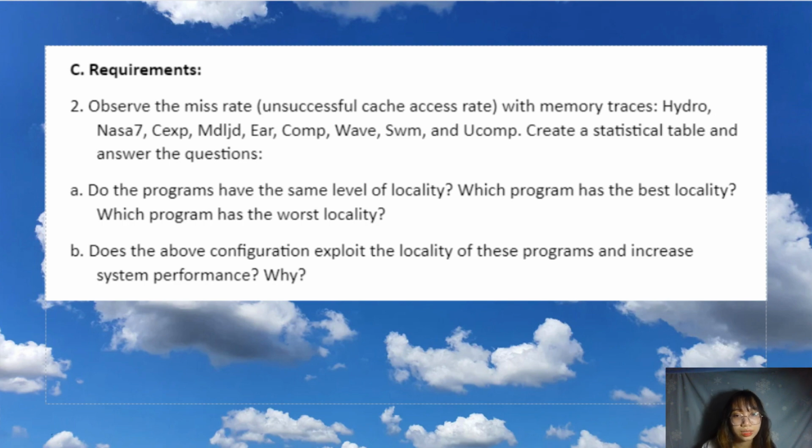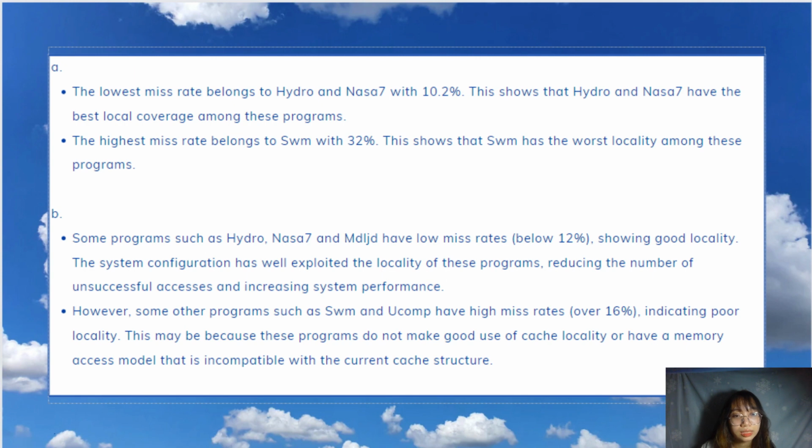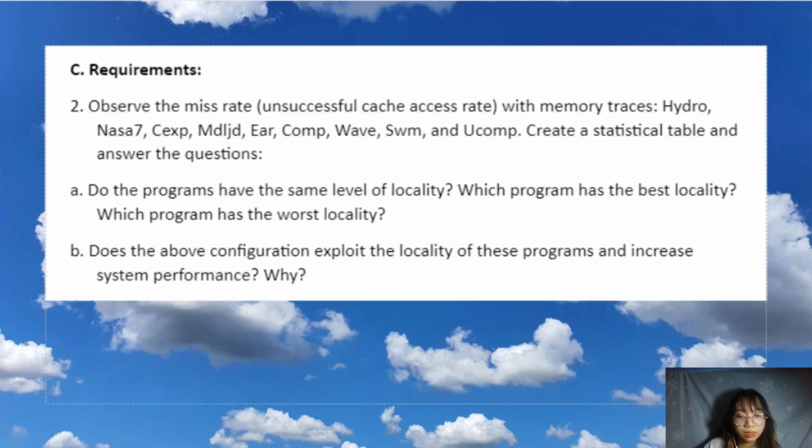The answer is the lowest miss rate belongs to Hydro and NASA7 with 10.2%. This shows that Hydro and NASA7 have the best locality among these programs, and the highest miss rate belongs to the SWM with 32%. This shows that the SWM has the worst locality among these programs.